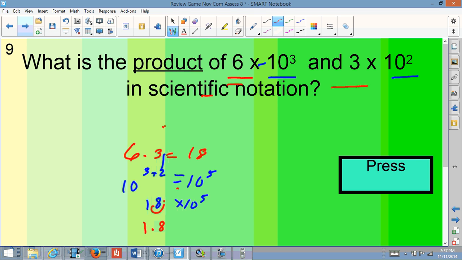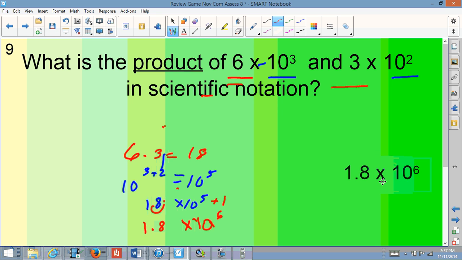And if I'm going to lower it by 10, I've got to increase this by 1, so that's going to be times 10 to the 6th power. That way, my answer is in scientific notation. So I'm going to have a nice answer of 1.8 times 10 to the 6.